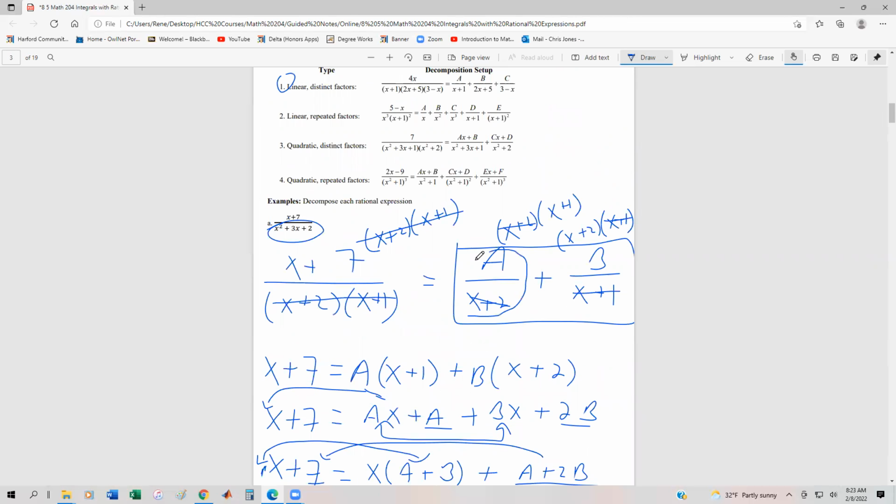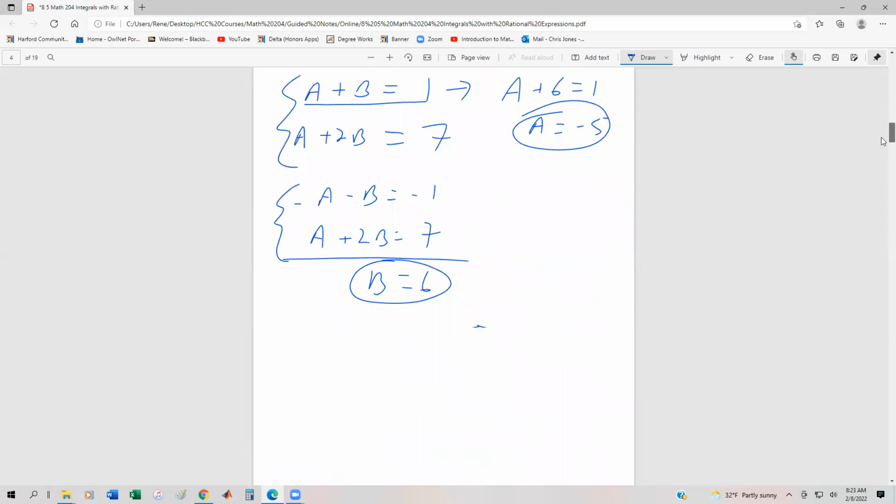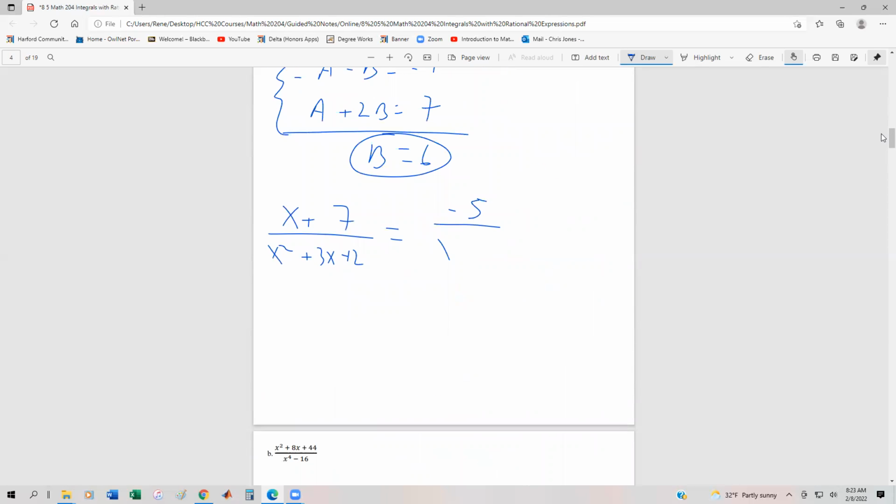I'm just back substituting here. And remember, b was 6, and the other fraction was x plus 1.